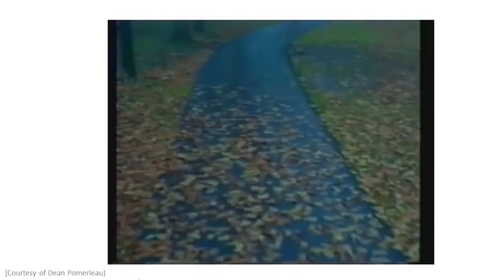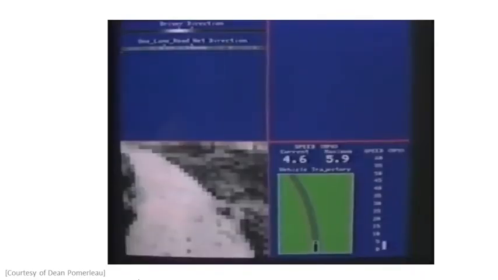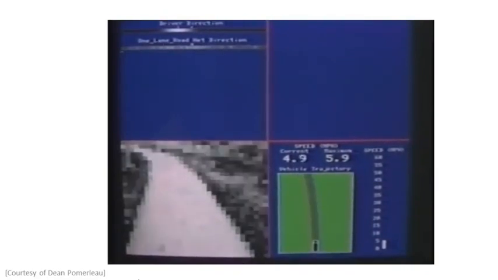This training image is reduced in resolution to 30 by 32 pixels and provided as input to Alvin's 3-layered network. Using the backpropagation learning algorithm, Alvin is trained to output the same steering direction as the human driver for that image. Initially, the network steering response is random.